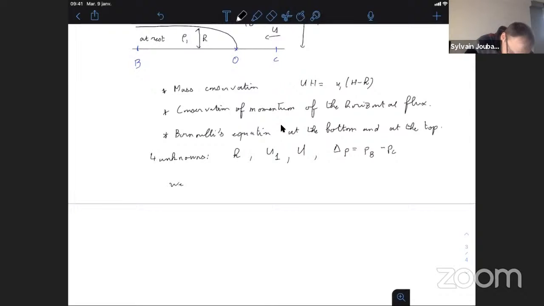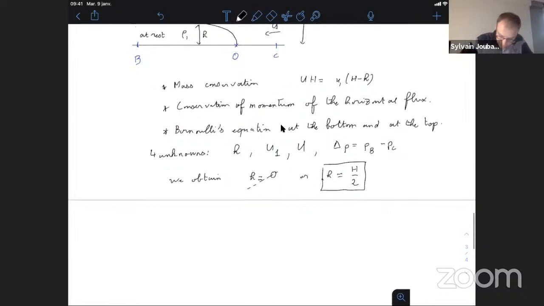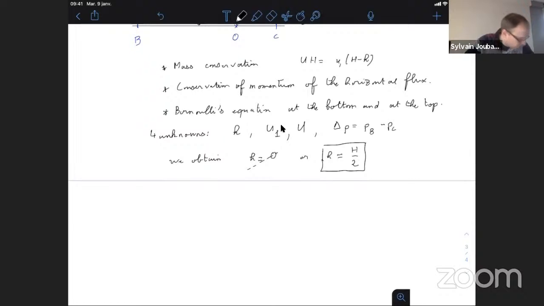We obtain h equal 0, or h does not really make sense, so we don't care about this one. And the second one is h equals H over 2. And with this small h, you will get also the result for the Froude number, which is u over the square root of g prime H, which is equal to 1/2.